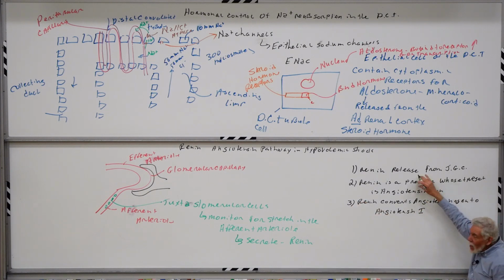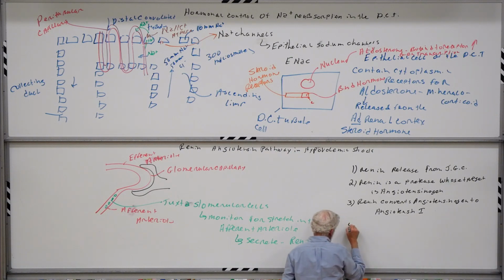So basically, renin is nothing more than an enzyme. It's a proteolytic enzyme, and it finds just the right spot on the angiotensinogen, clips out the peptide, and the loss of the peptide from angiotensinogen converts it into angiotensin 1.